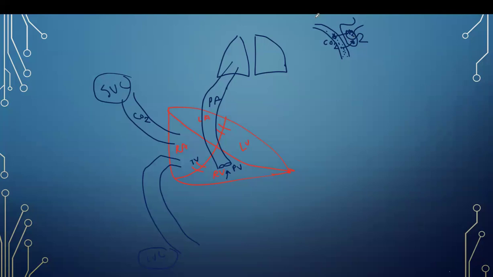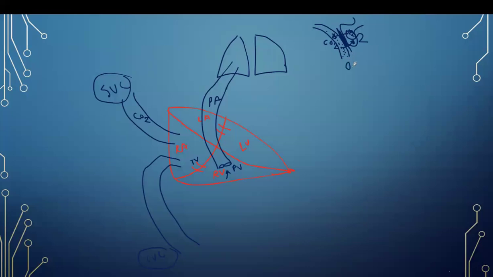When you inhale, you are taking oxygen in. This oxygen will diffuse through the alveolar capillary membrane into the capillary, and the carbon dioxide blood will go into the alveoli and come out. That's what happens: we take oxygen in and exhale carbon dioxide out.